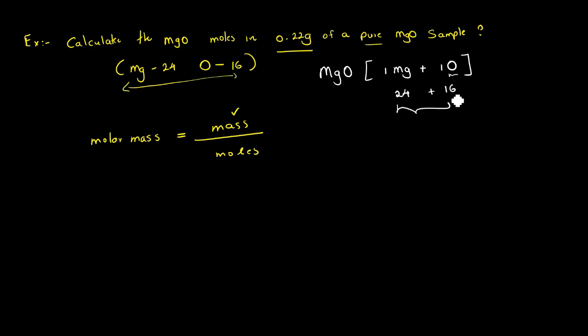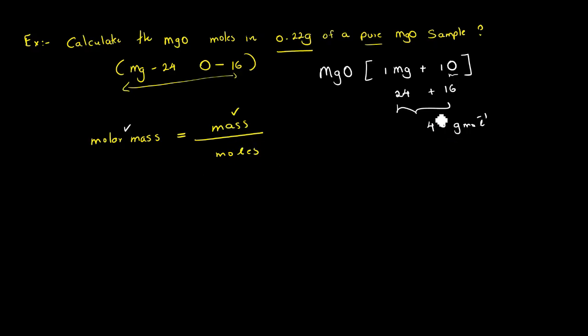You add both of these: 4 and 6 is 10, 1 and 2 is 40. So this is the molar mass. You can calculate the molar mass through this small process. The unit is gram per mole. So now you know the molar mass.